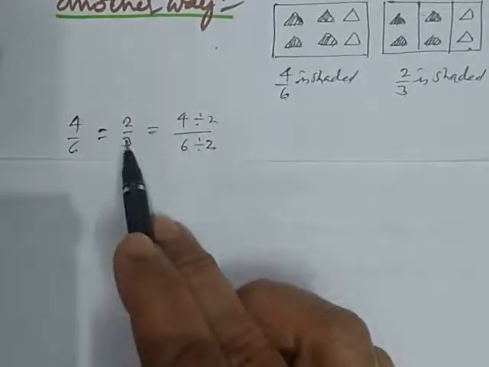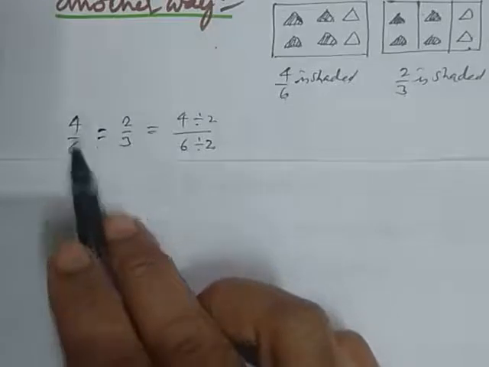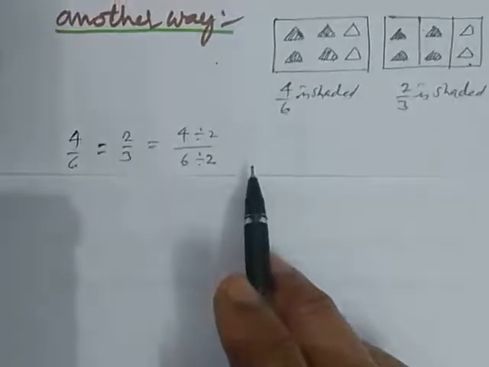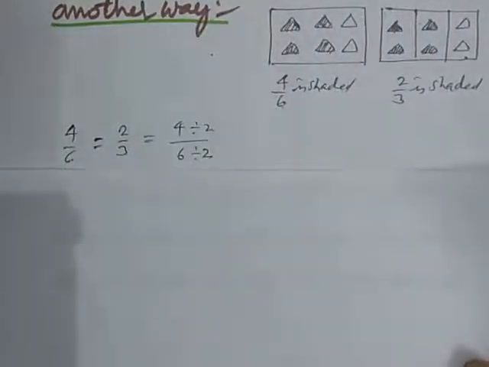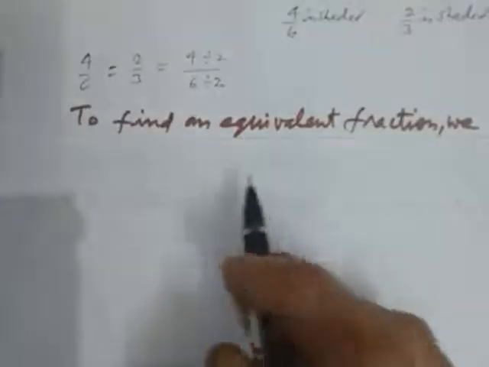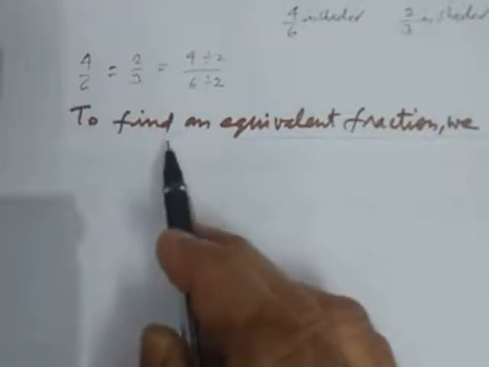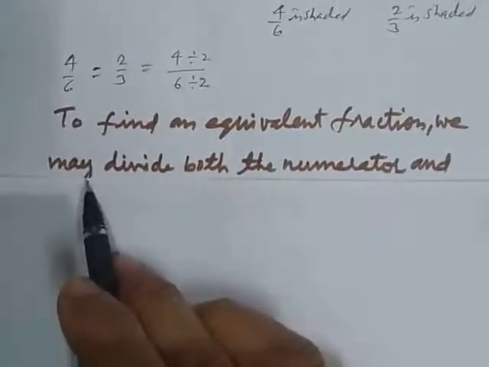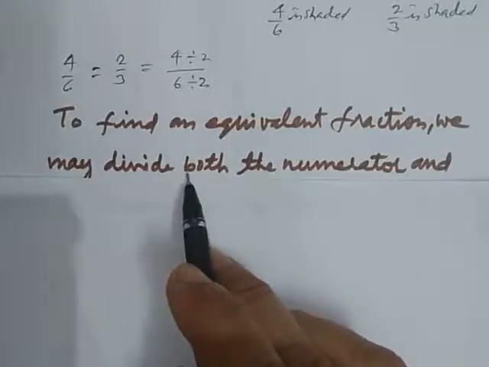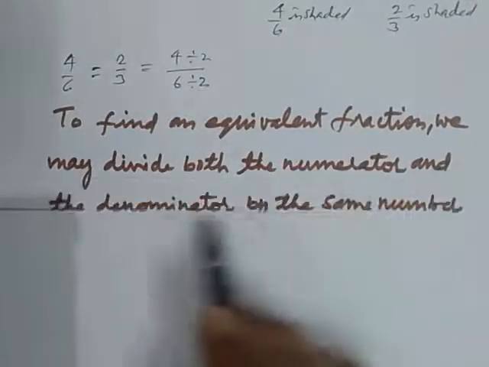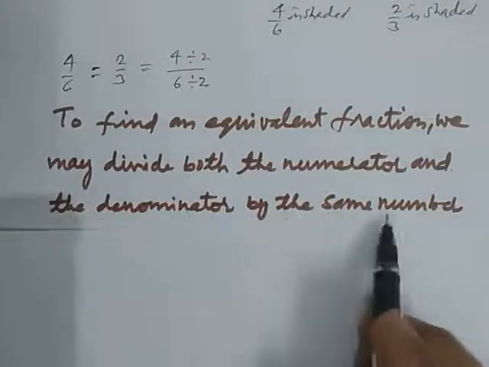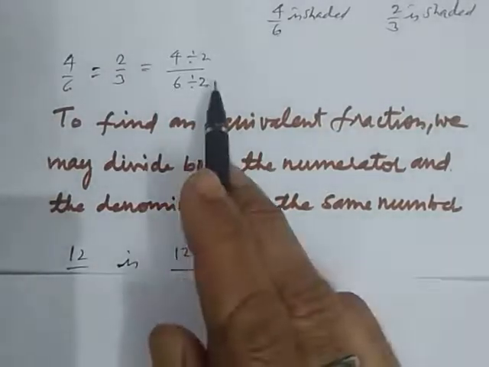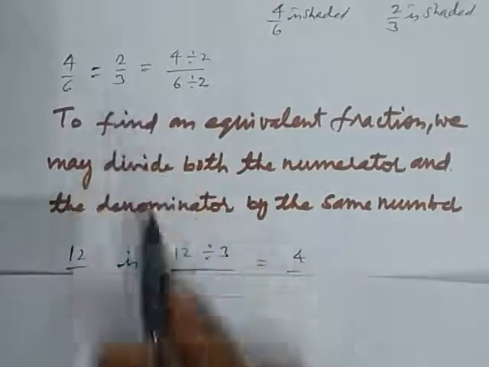So 2 by 3 is the equivalent fraction of 4 by 6. Now what do we conclude? To find an equivalent fraction, we may divide both the numerator and the denominator by the same number like this.